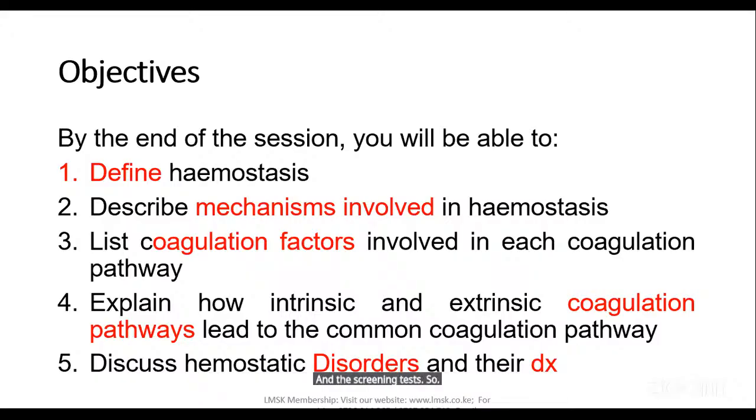So by the end of this session, you will be able to accurately define hemostasis, describe mechanisms involved in hemostasis, list coagulation factors, explain how intrinsic and extrinsic coagulation pathways lead to the common coagulation pathway, and also be able to discuss the hemostatic disorders and their diagnosis.